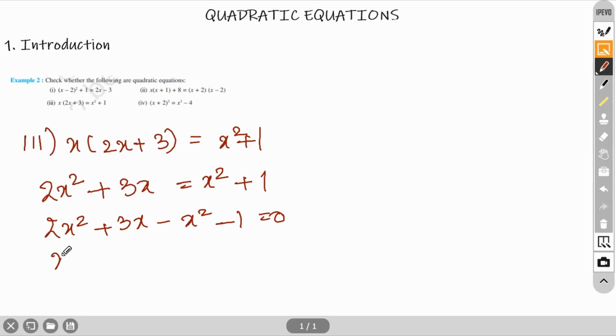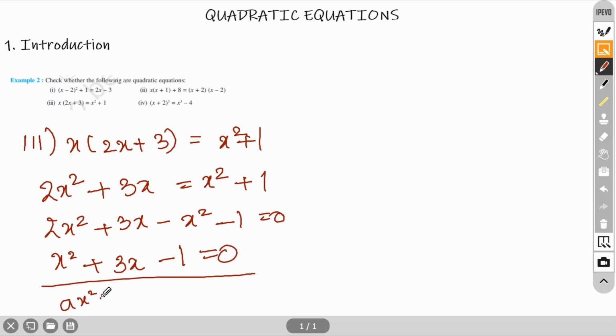So we'll get x square plus 3x minus 1 equals 0. This is the final equation and it is of the form ax square plus bx plus c equals 0, and the value of a is not equal to 0. So yes, this is a quadratic equation.